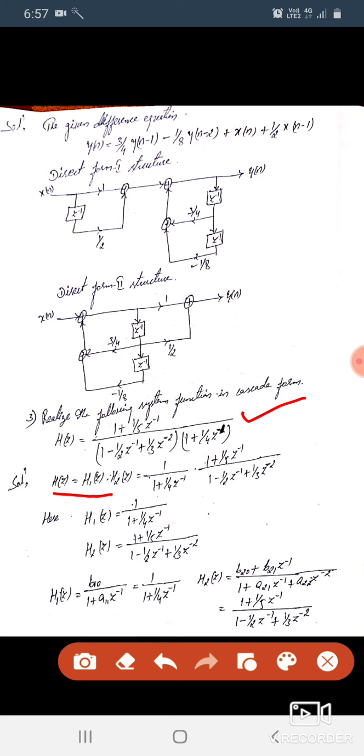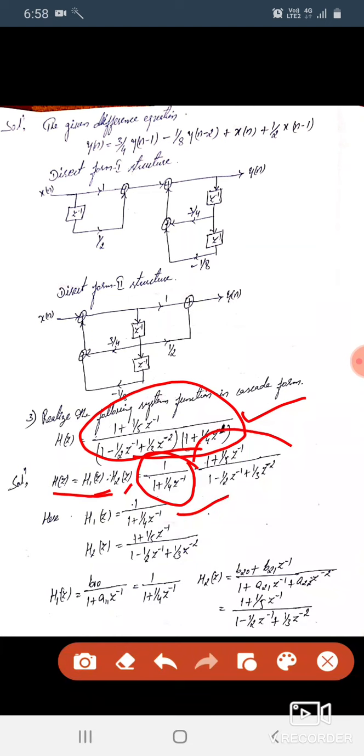Next, for the given equation, represent it in terms of H1 of z and H2 of z. Here we consider 1 by 1 plus 1 by 4 z inverse as H1 of z. Next, the remaining part of the equation, 1 plus 1 by 5 z inverse divided by 1 minus 1 by 2 z raised to minus 1 plus 1 by 3 z raised to minus 2, is taken as H2 of z.